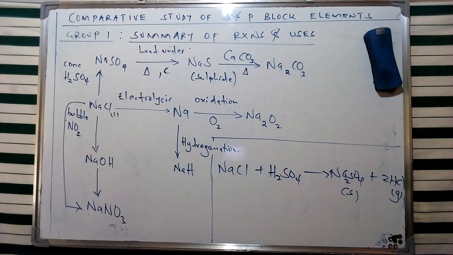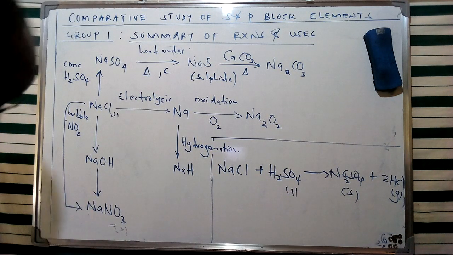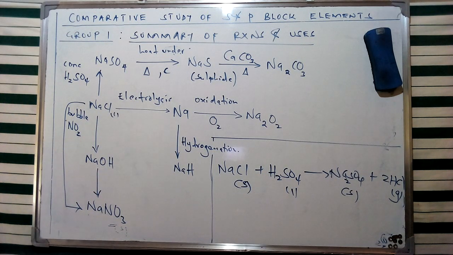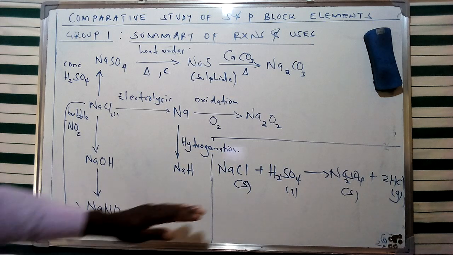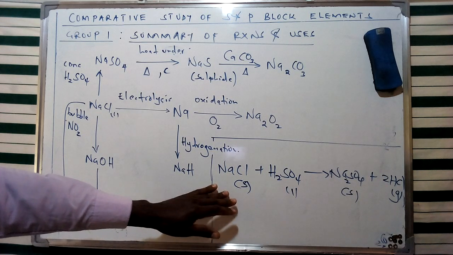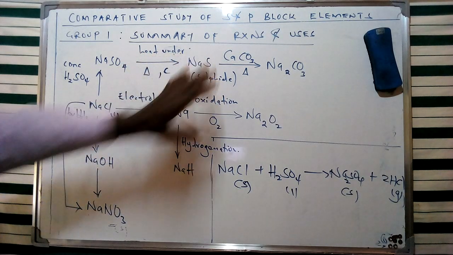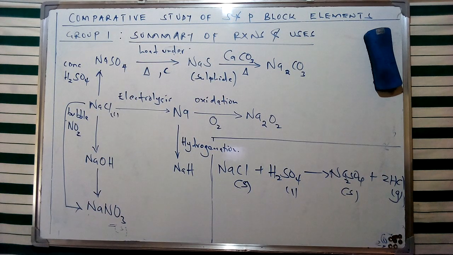So this is one of the reactions that we're going to encounter of sodium chloride, and almost all these reactions are going to be accompanied by stoichiometric equations which we are going to see, leading to the formation of various compounds.